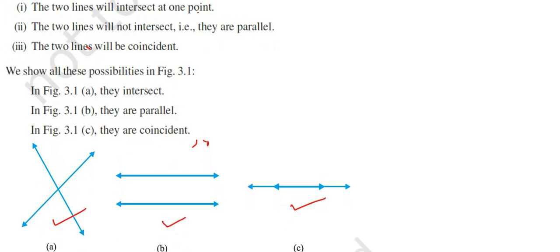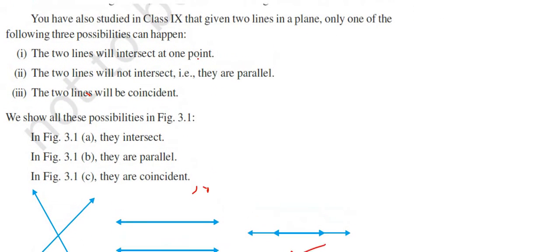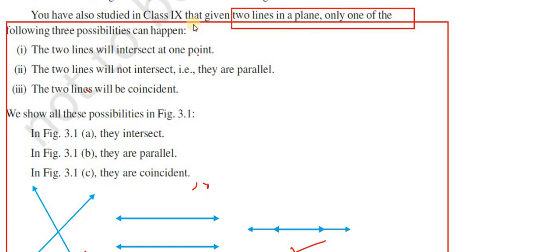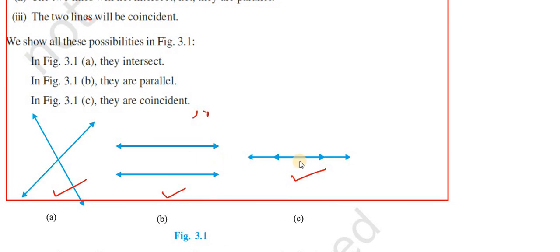Also write this: if two lines are in a plane, only one of the following three possibilities can happen. Write this, and also draw this diagram.